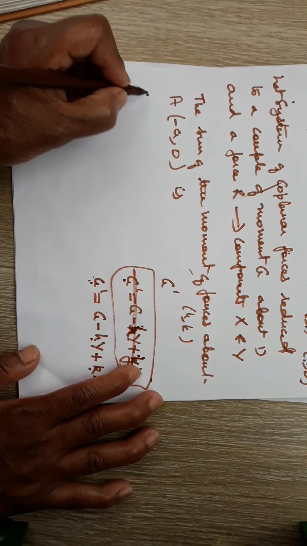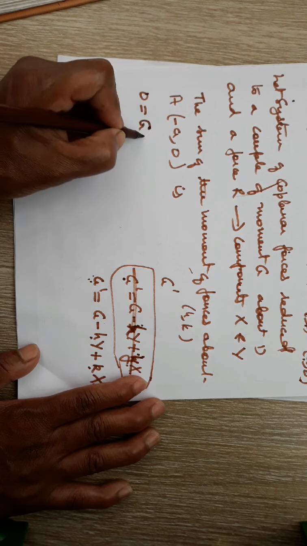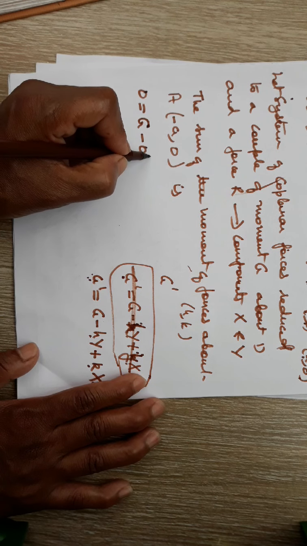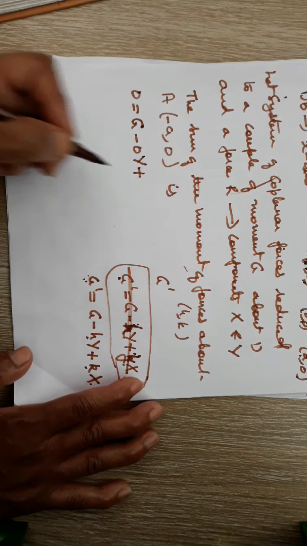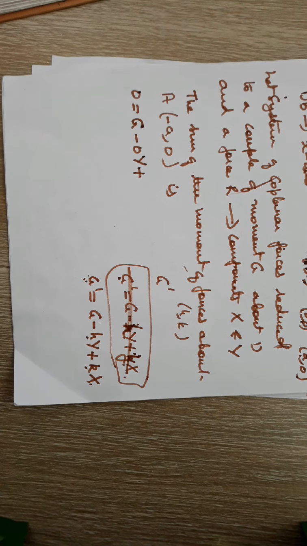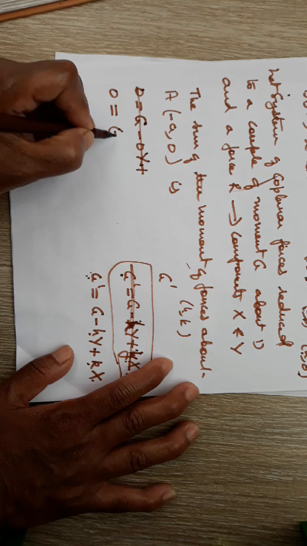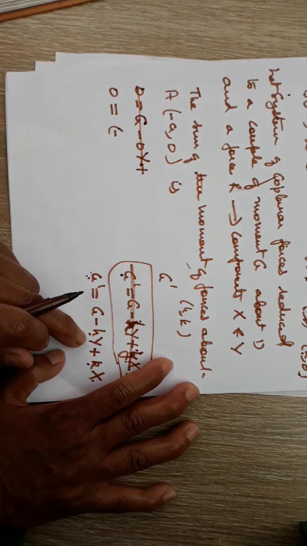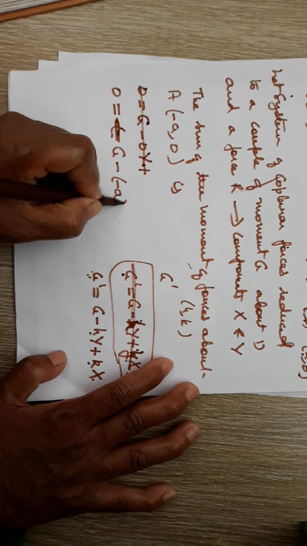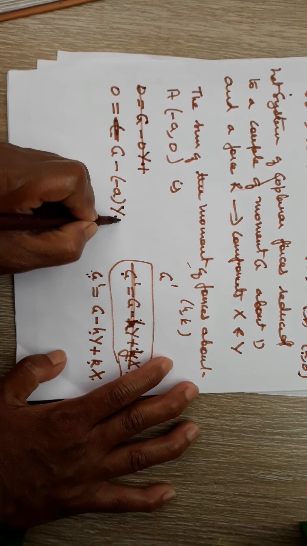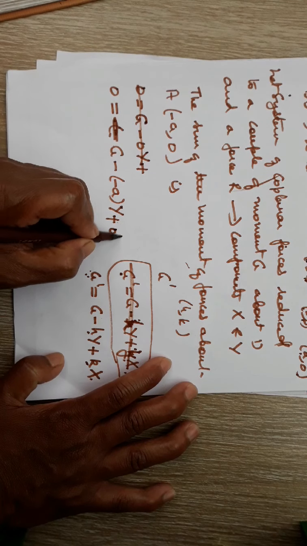So we have 0 = G - (-a)Y + 0 into capital X, since k is 0.